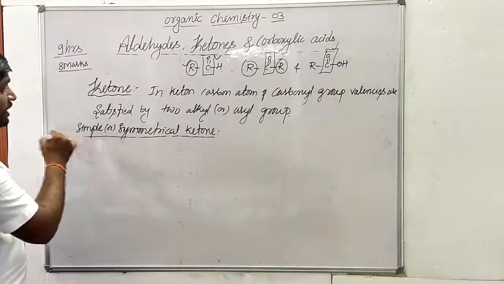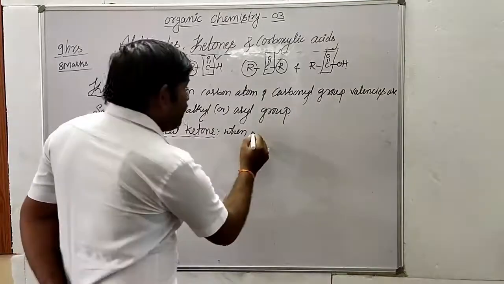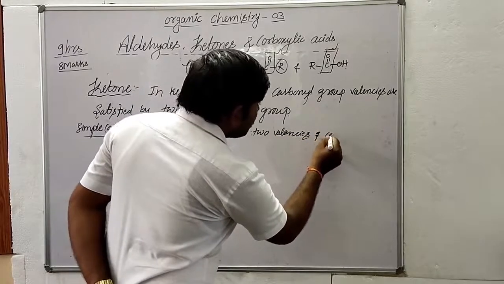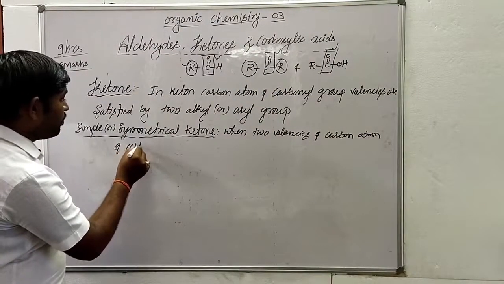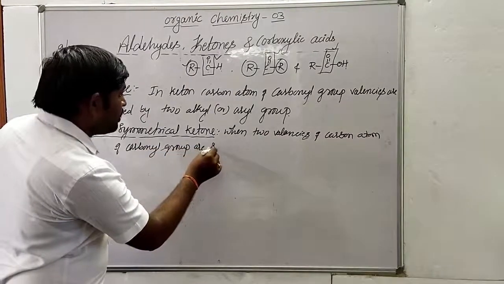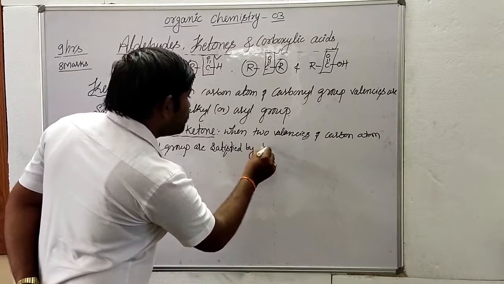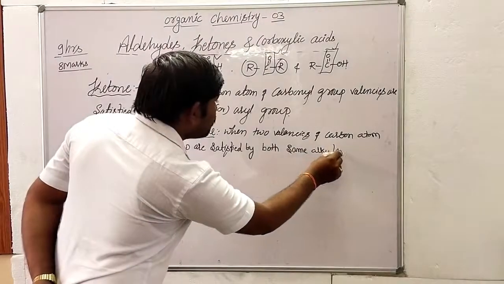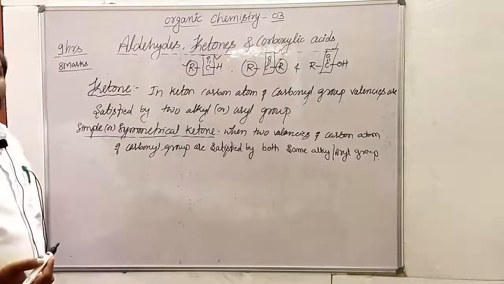When the two valencies of the carbon atom of the carbonyl group are satisfied by both the same alkyl or aryl group, then it is called a simple or symmetric ketone.